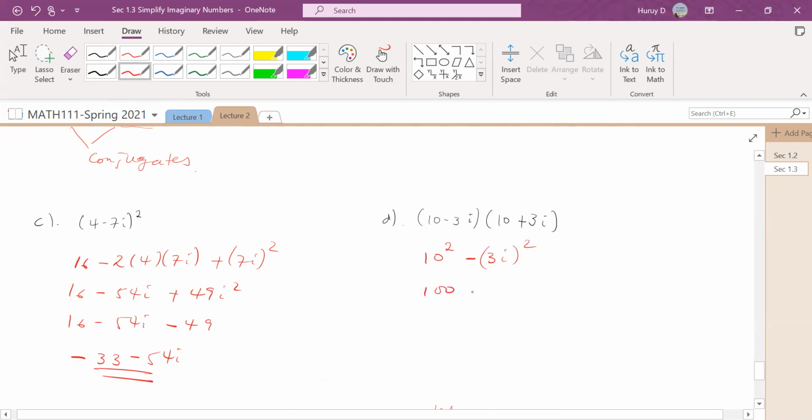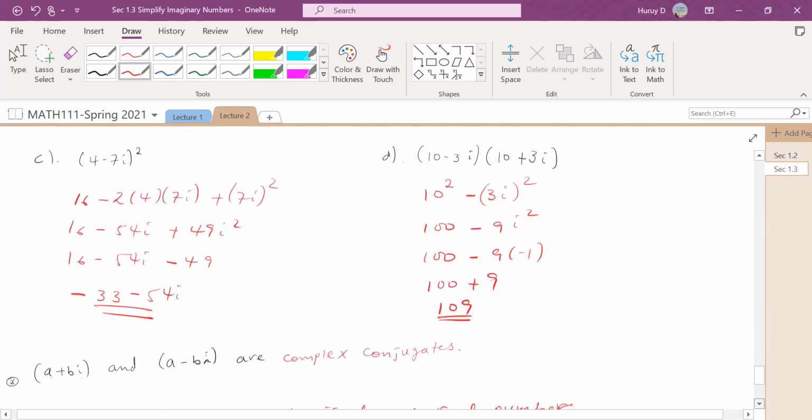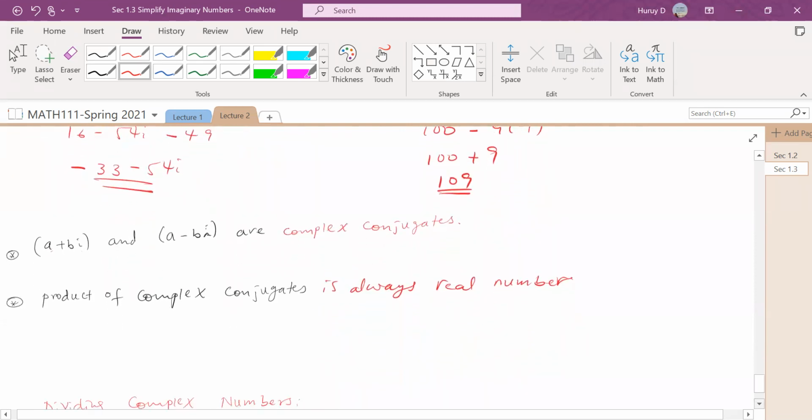And this is 100 minus 9i squared, and i squared again is −1. So −9 times −1, they become positive, and this is 109. Okay, so it's important to understand the property so that you can apply it. You don't have to waste your time.